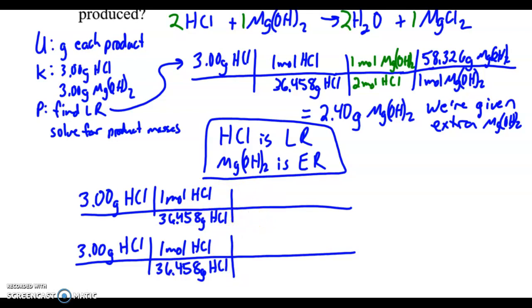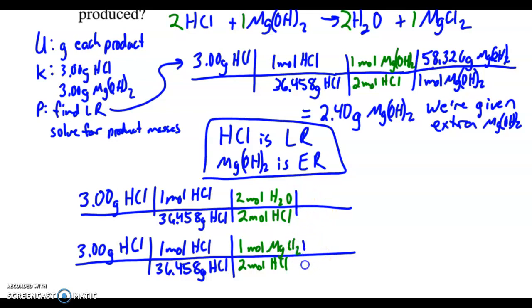Then the stoichiometry here, at least the first half, is going to be the same, the 2 moles of HCl. And the balanced chemical equation tells us that we make 2 moles of water from 2 moles of HCl and 1 mole of magnesium chloride from 2 moles of HCl.